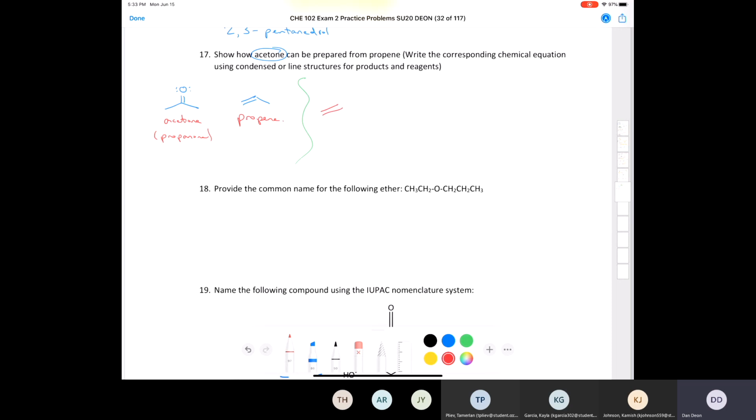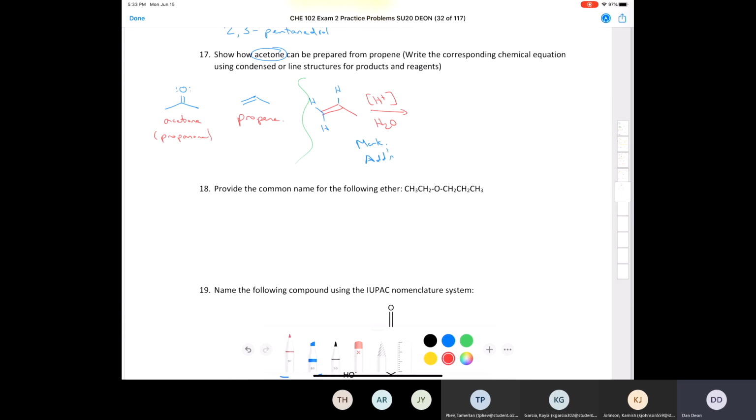Okay, so you take propene. If you were to treat this with a catalytic amount of acid and water, you would get a Markovnikov addition, right? The rich get richer. This carbon has 1 hydrogen. This carbon has 2 hydrogens.